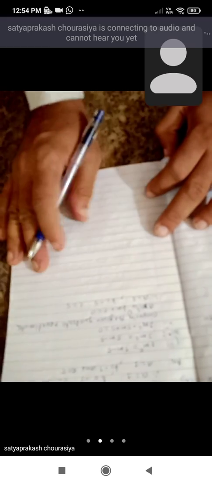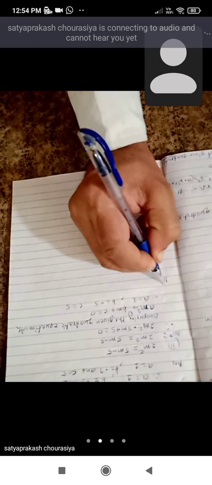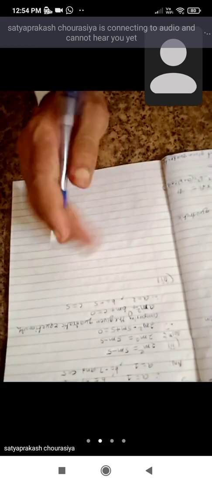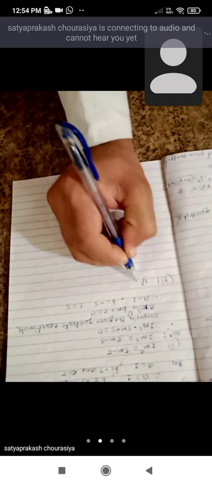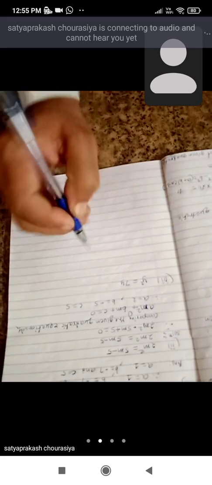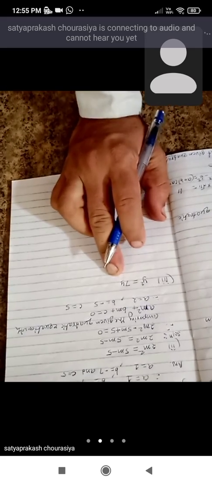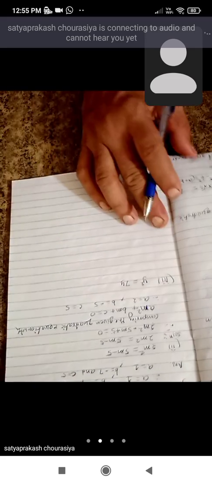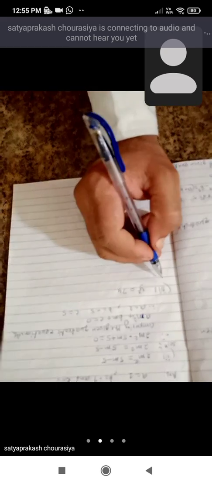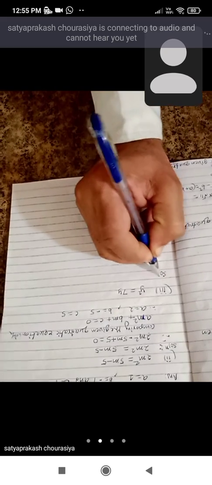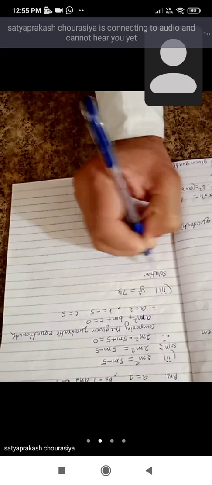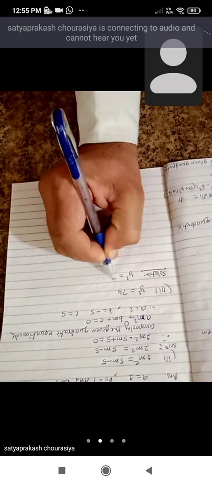It's clear now. Now see the third question. In the third question what is given? Y square is equals to 7y. This is your equation. Now bring it into the standard form first. Solution: y square is equals to 7y.